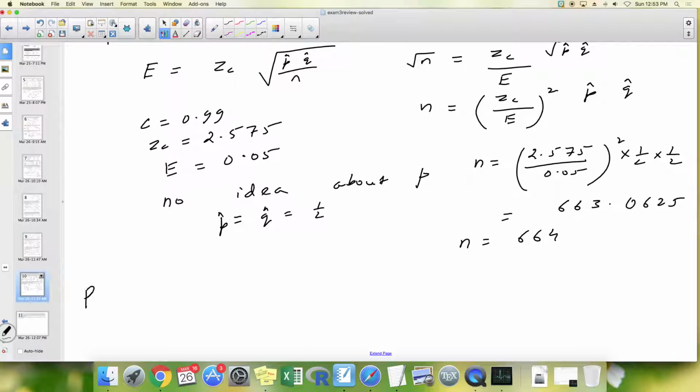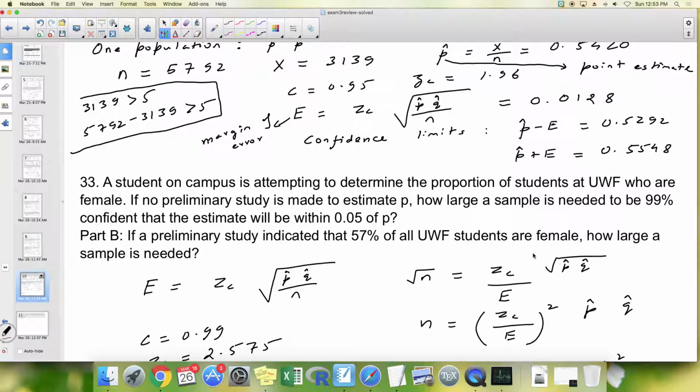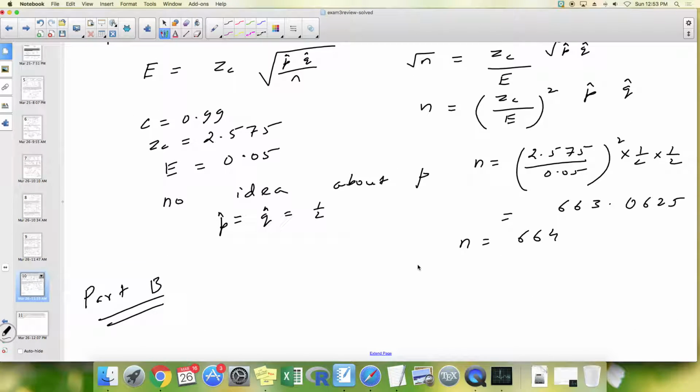And in part B, if a preliminary study indicates 57% are female, that means they know that. So the same remains. zc is still 2.575. E is still 0.05.